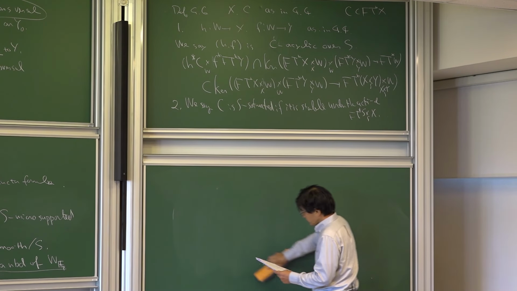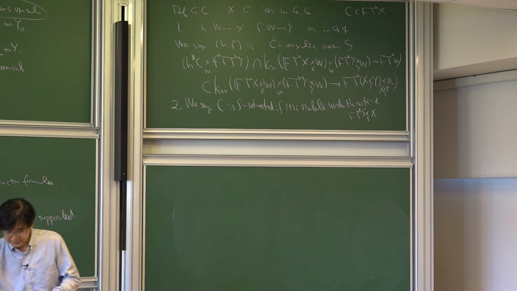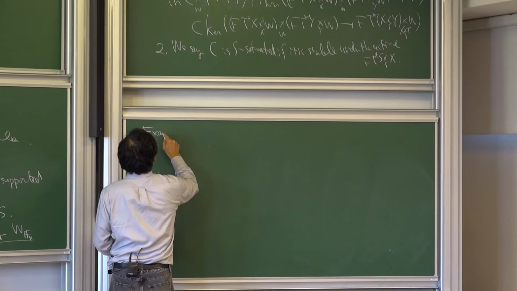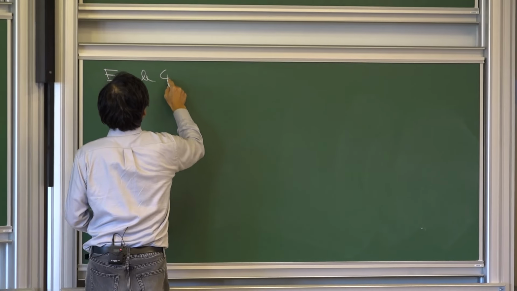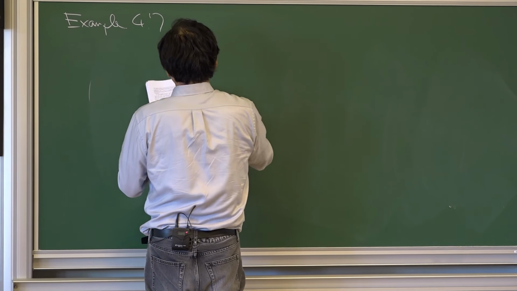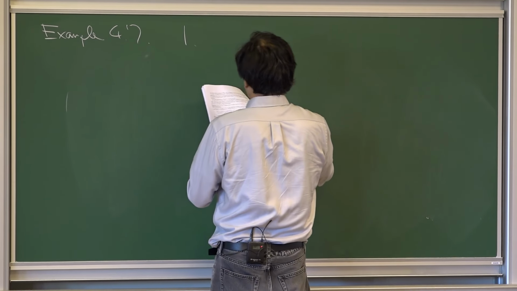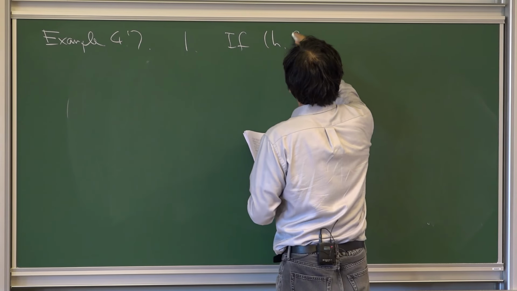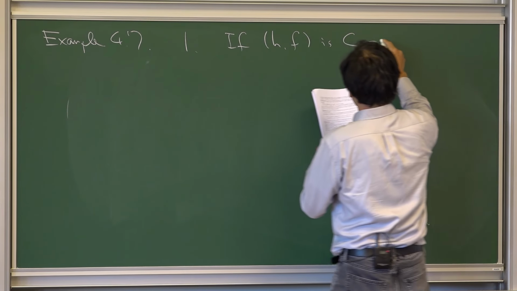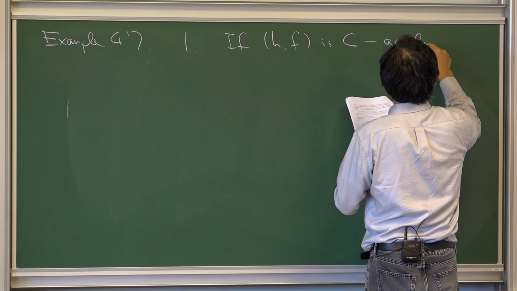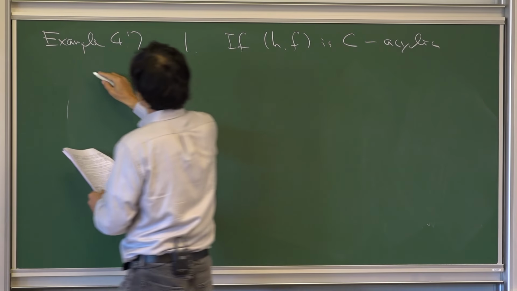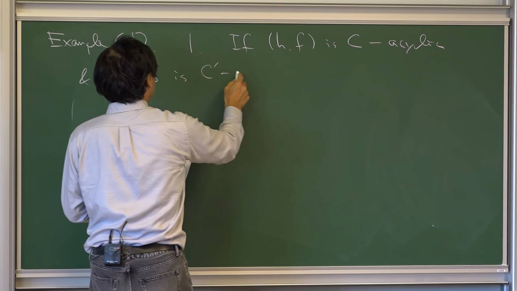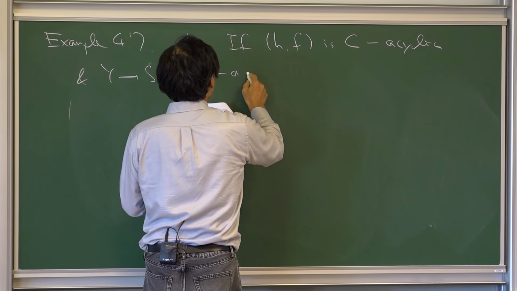So let me tell you two examples. The first is, suppose HF is C acyclic and Y to S is C prime acyclic.